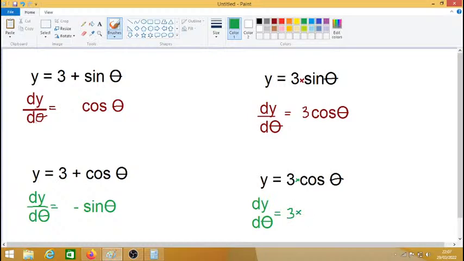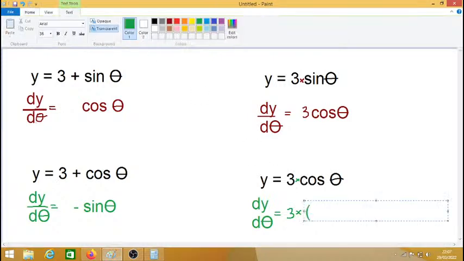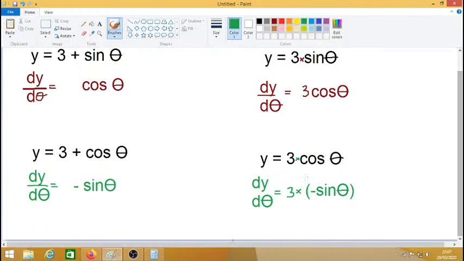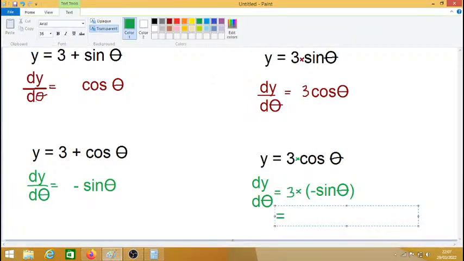Remember, cos theta differentiates to minus sine theta. So be careful, there's a minus there. Minus sine theta. Don't really need the brackets, but I'm just going to put them in there to make it clear. So it's 3 times minus sine theta. And then I can multiply that out, and I'll just end up with the minus and the 3 multiplying together. So I'll get minus 3 times sine theta.